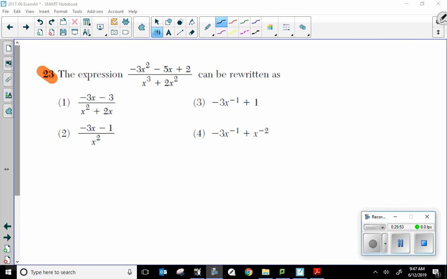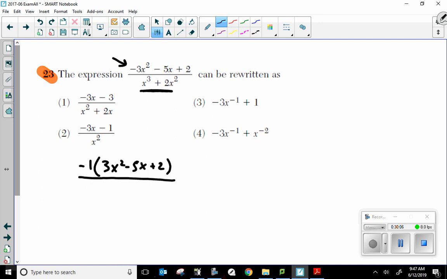Let's factor. First of all, I hate when my lead term is negative. I'm going to factor a -1 out of that. And I've got 3x squared minus 5x plus 2 all over, well, the bottom here, I can definitely take out an x squared. That leaves me x plus 2. Now I know I've got a quadratic here. You can do slip and slide, which I would highly suggest if you didn't know what you're doing, or the m factor.